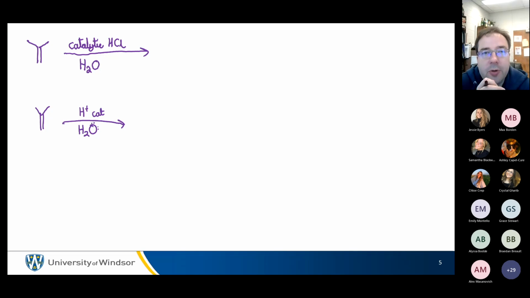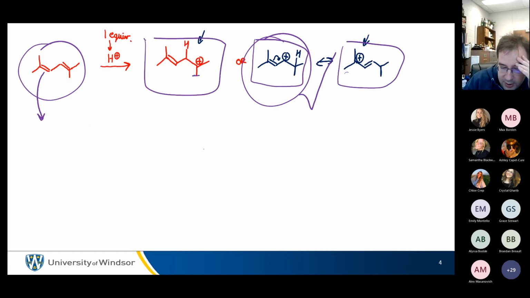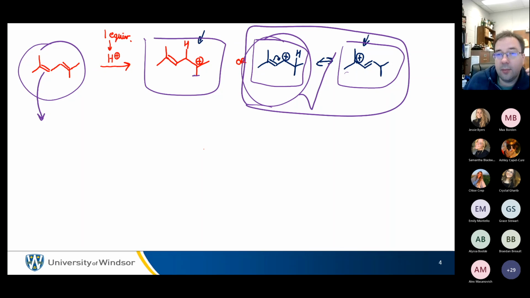So this is going to be a two-step process. The first step is identify the most reactive thingy in there and react it with something. Yeah, so Melitza, the answer was this, yes. And this is the most stable, and I asked which was the most stable resonance form, it's this one.